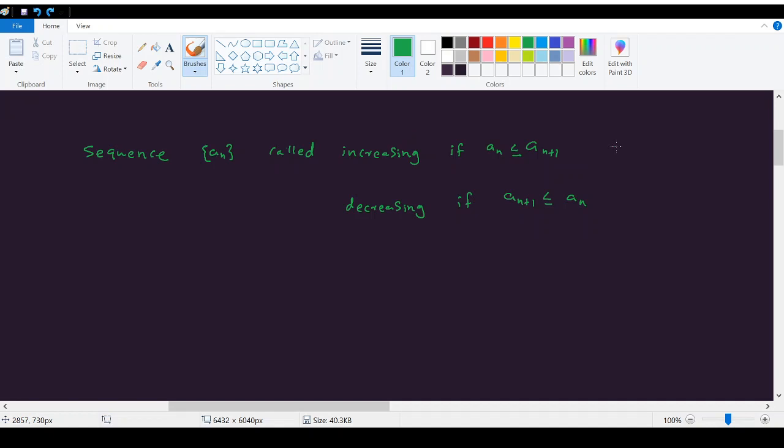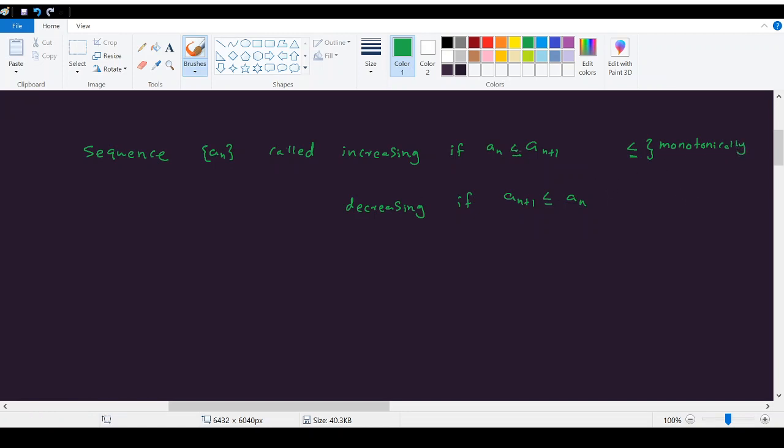Now sometimes when you say increasing, they will use the strict inequality, and for this greater than or equal to sign, you call it monotonically increasing or monotonically decreasing.